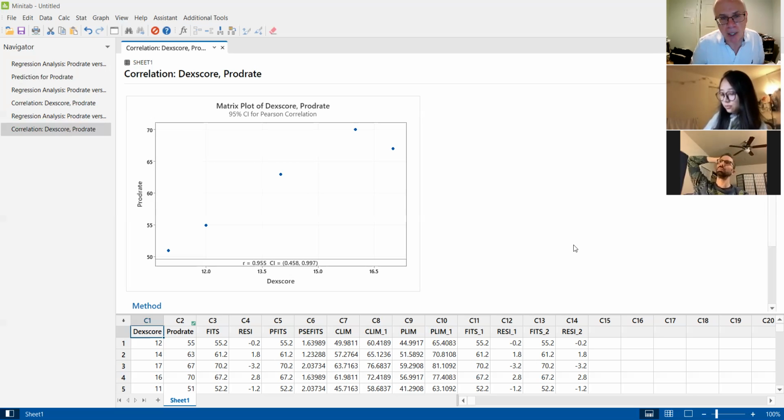It's a lot, but I wanted you to become familiar with how to use software. This is where the software comes in. If you have a fairly large data set, you don't want to be doing this by hand.